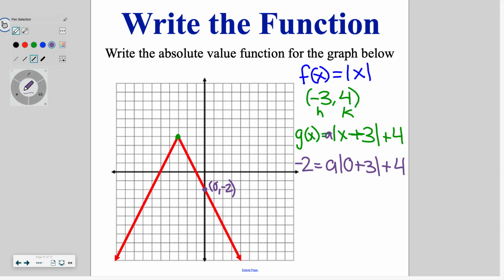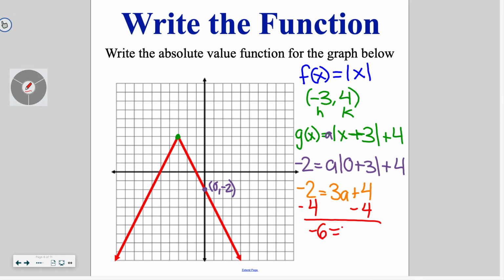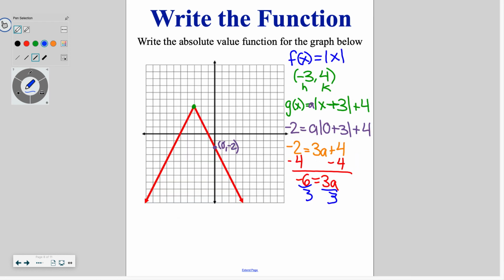So 0 plus 3 is 3. The absolute value of 3 is 3. So that gives me -2 is equal to 3a plus 4. I'm going to go ahead and keep solving by subtracting 4 from both sides of that equation, giving me that negative 6 is equal to 3a. And I'm going to finish off by dividing by 3 on both sides, giving me an a value of negative 2.